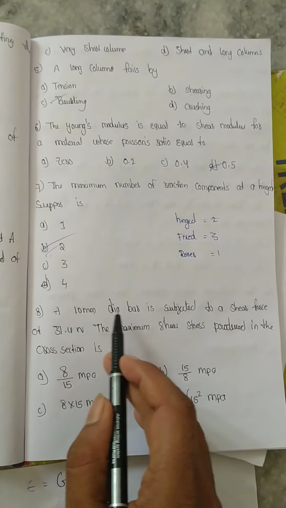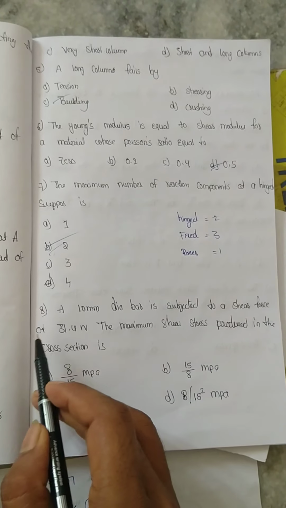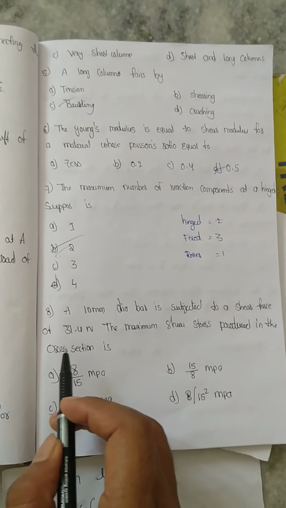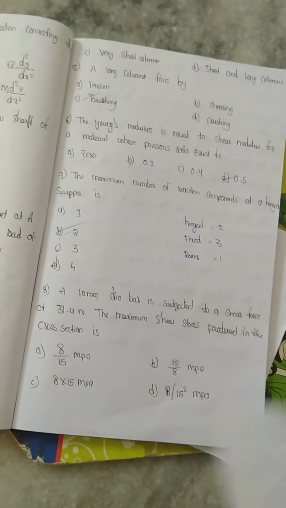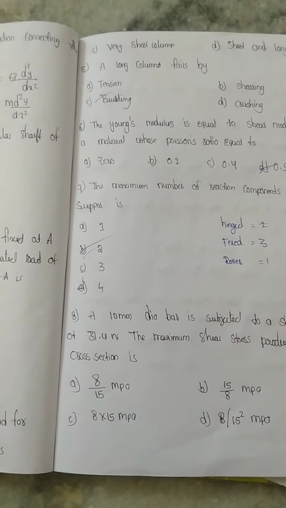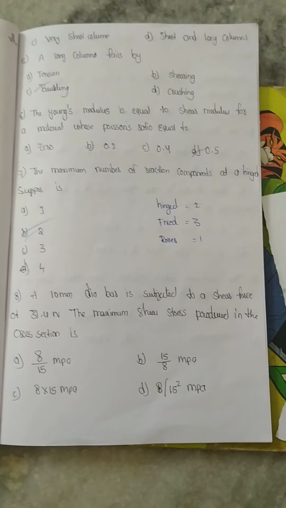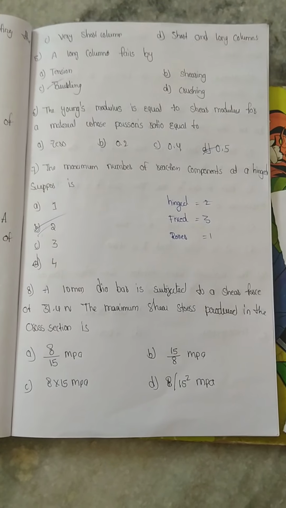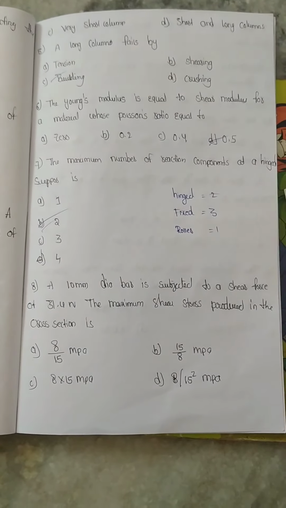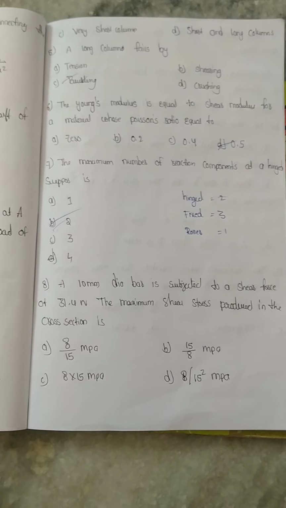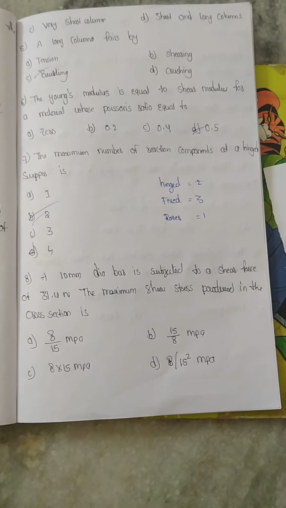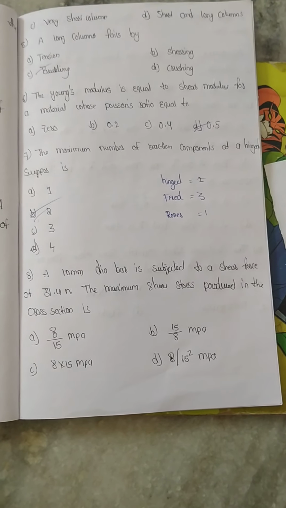A 10 mm diameter bar is subjected to a shear force of 31.4 Newton. What is the maximum shear stress produced in the cross section? Here diameter means circle. Diameter is equal to 10 mm, circular in shape.